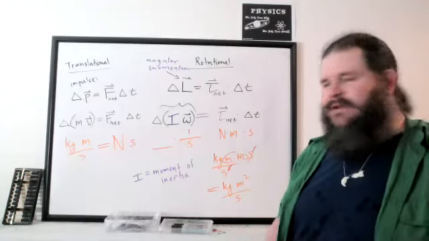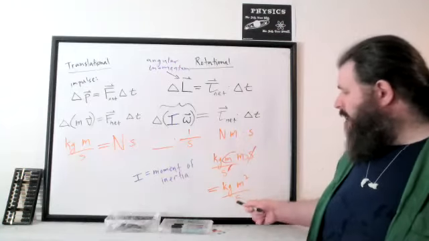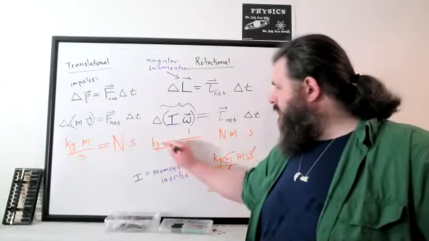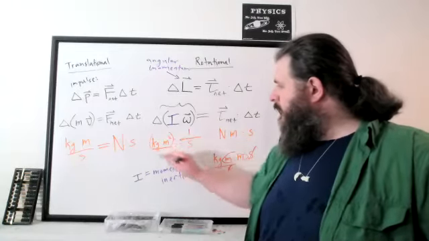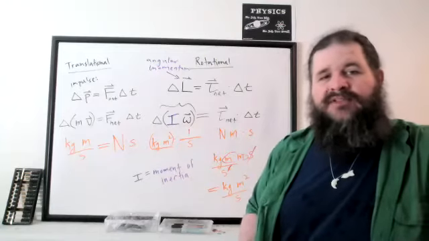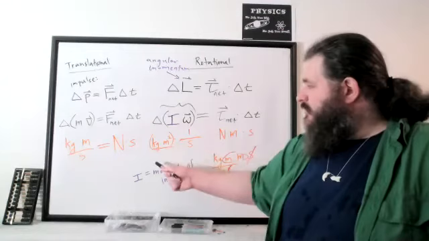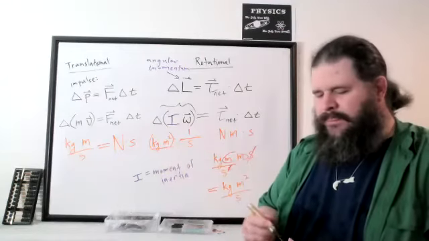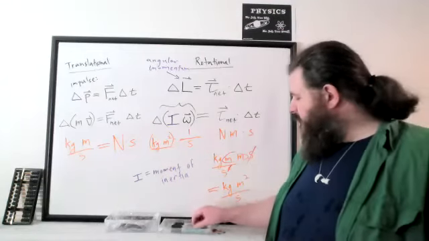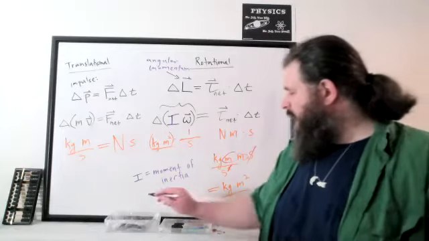Yeah, we need kilogram meters squared. We've got the 1 over seconds just fine. We just need kilograms times meters squared. So moment of inertia is a quantity that represents how difficult it is to change the rotation, and it's got to be measured in kilogram meters squared. And we can use this to build a simple formula for it, at least one example of a formula.